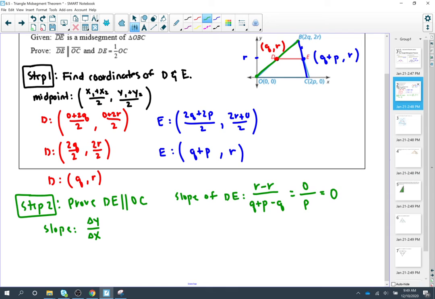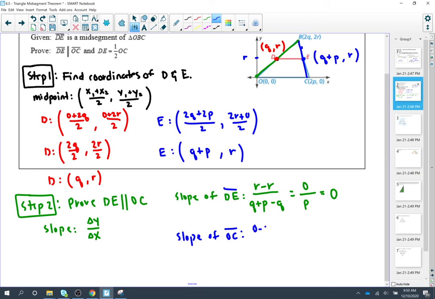Which, if you're looking at this, is a horizontal line, and a horizontal line has a slope of 0. Now we need to find the slope of OC. Okay, slope of OC, change in y's. We've got 0, 0, and we've got 2p, 0. So my y's are 0 and 0.